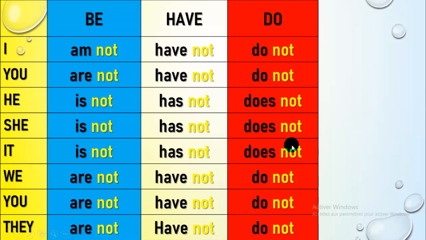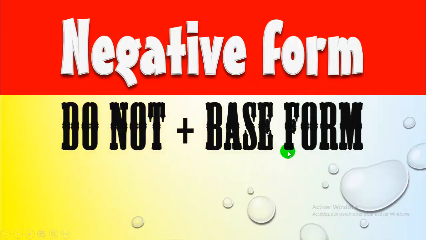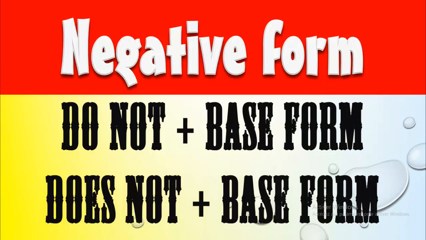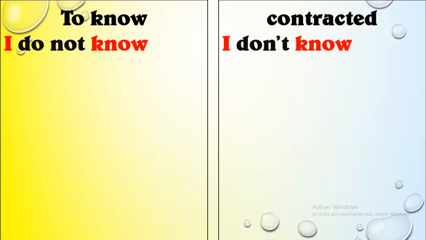So look at do. We will need do to form the negative form of ordinary verbs, main verbs. Do not plus base form, or does not plus base form for ordinary verbs. To know: I do not know.